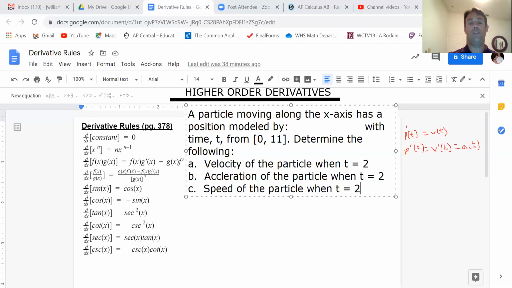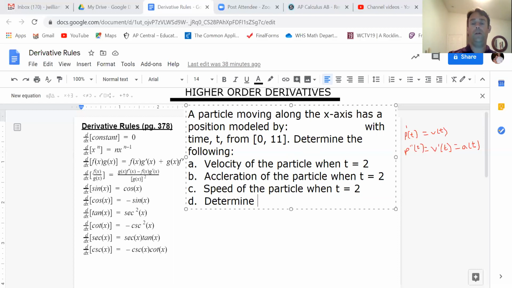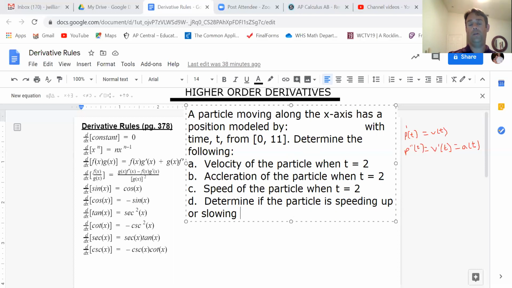Speed is not velocity, they are related. We'll talk about it in a second. And determine if the particle is speeding up or slowing down when t equals 2. Yeah, so this is going to be what we're dealing with here.